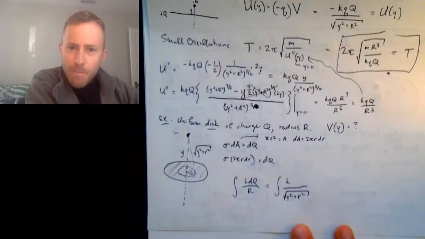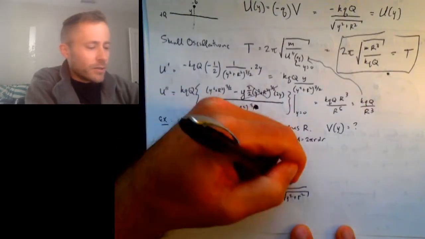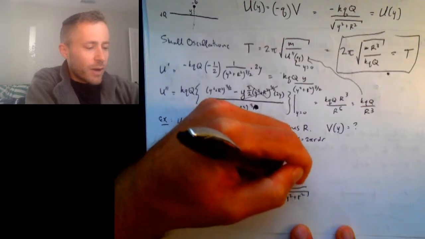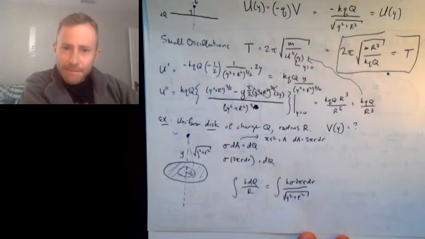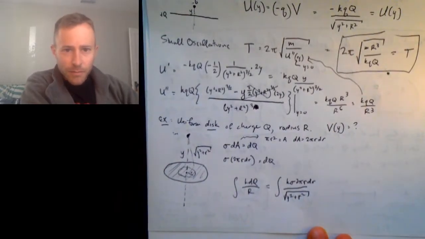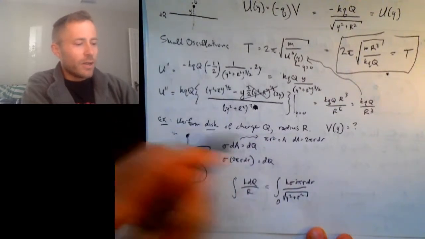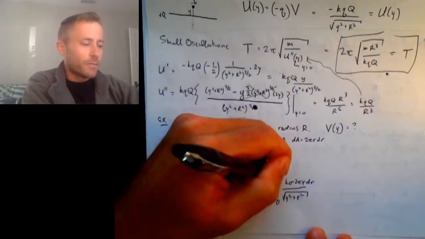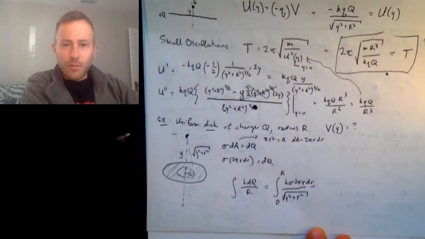And then my dq is sigma times 2 pi r dr. And my limit of integration is going to go from 0 to the entire radius of the disk, which is big R.